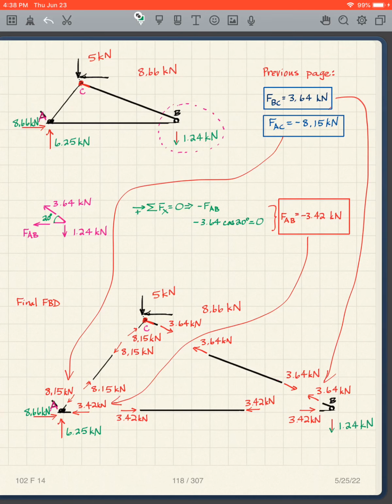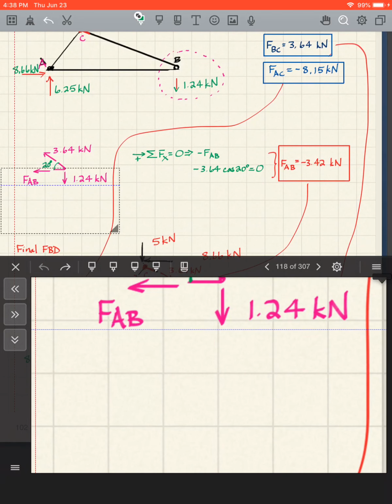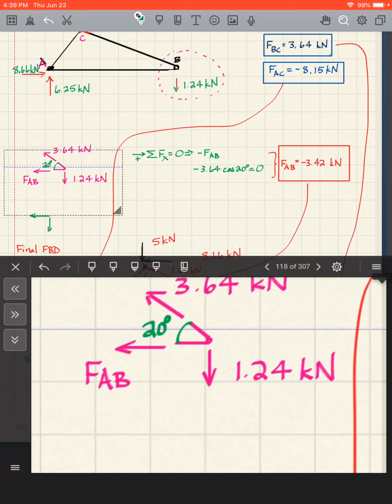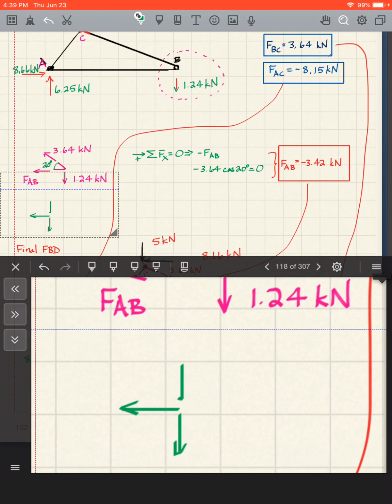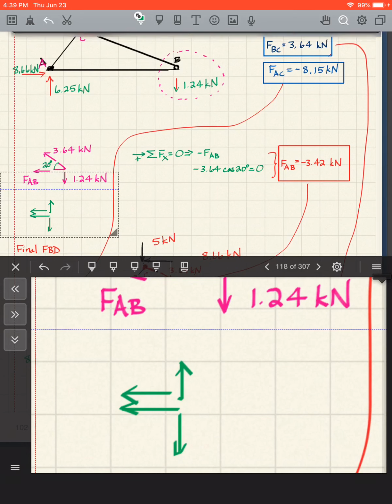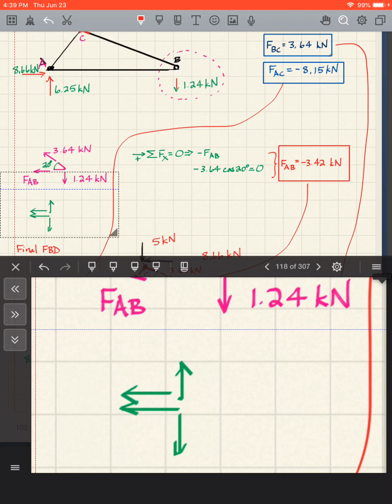Maybe I'll just show it right now. The 3.64 goes upward to the left, so I have upward to the left, and then I can just write down.